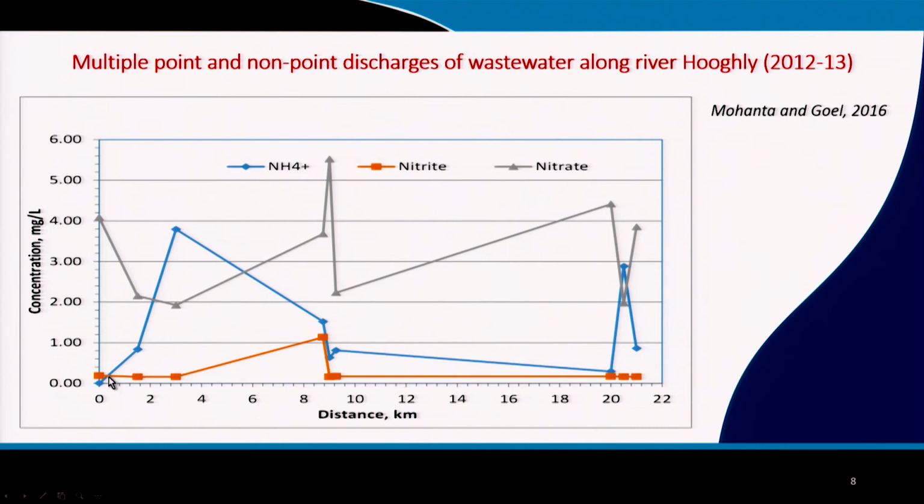Initially our ammonium concentration was 0. There was a rapid increase, then a decline. The decline went on all the way until the south end of the part of the river that we were sampling, and there was a temporary increase followed by a decline again.